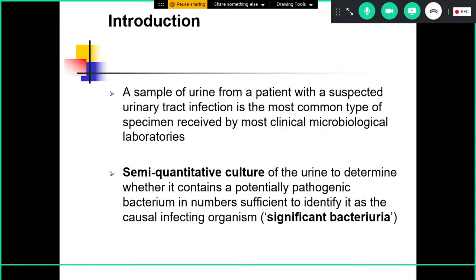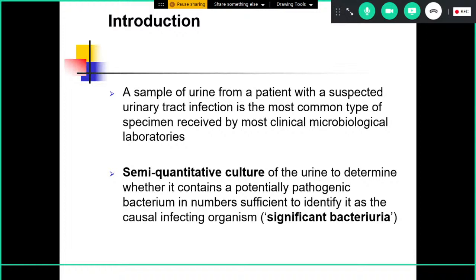Also remember, we talked of the concept of significant bacteria, but to determine the counts, we use semi-quantitative culture of urine to determine whether it contains potentially pathogenic bacteria in numbers sufficient to identify it as a cause of infection.